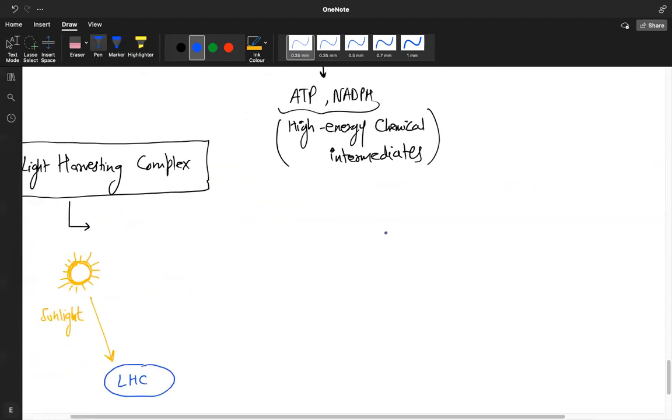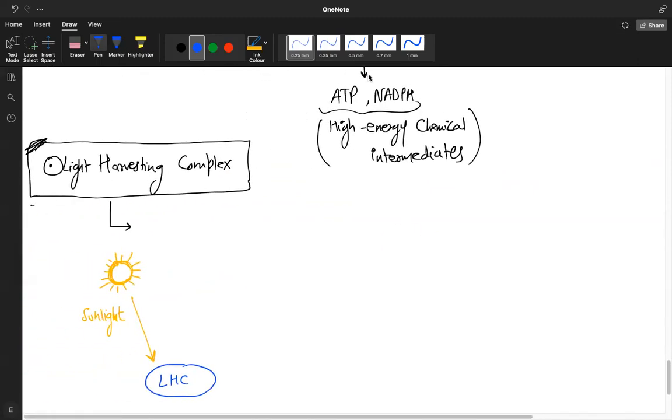Before we go into this, let me separately tell you about light harvesting complexes. There are cells present in this complex. So let's say these are all the cells present. On these cells, your sunlight falls, and sunlight contains photons, right?